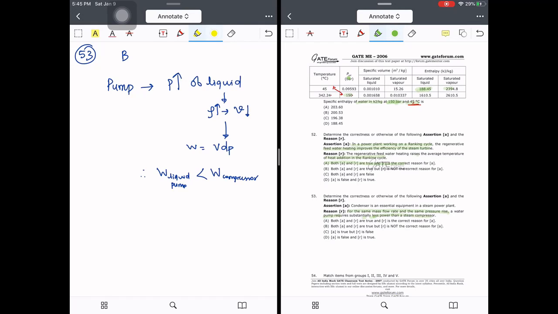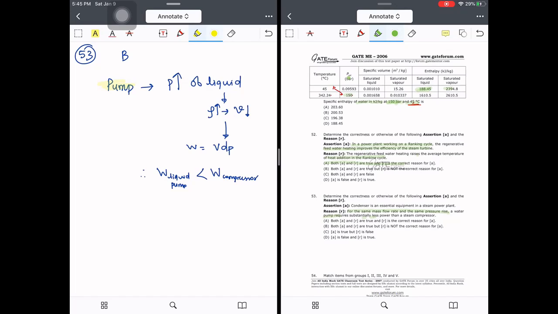For the same mass flow rate and same pressure rise, the water pump requires substantially less power.